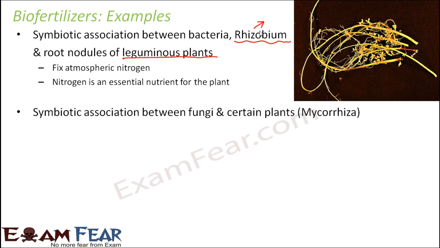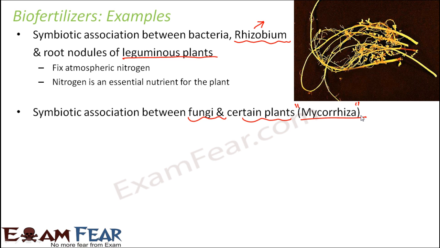Now in a very similar way, if you talk about fungi, there is again a symbiotic association between fungi and certain plants, and this association is known as mycorrhiza. Now since I have already started this discussion, I just wanted to remind you that I hope you remember what is symbiosis, because I have explained this quite a number of times in different lessons.